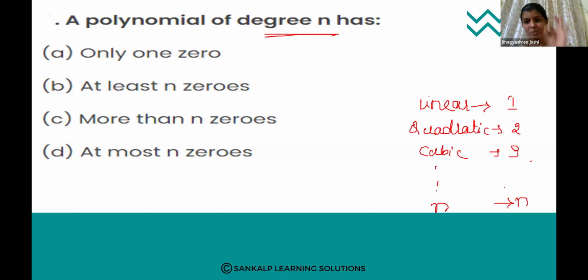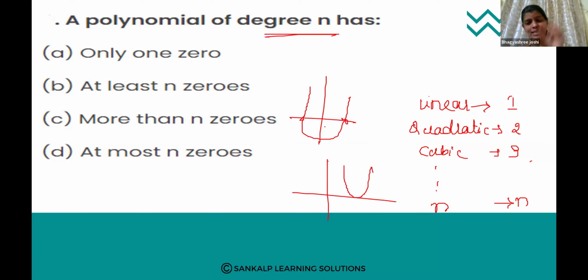But remember one thing, or you can take quadratic. In quadratic we saw the graph, right? So for quadratic polynomial, it has 2 zeros. If there are 2 zeros, remember the graph, one graph looked like this, right? That means 2 zeros, we can get 2 zeros. Next, how did one graph look?